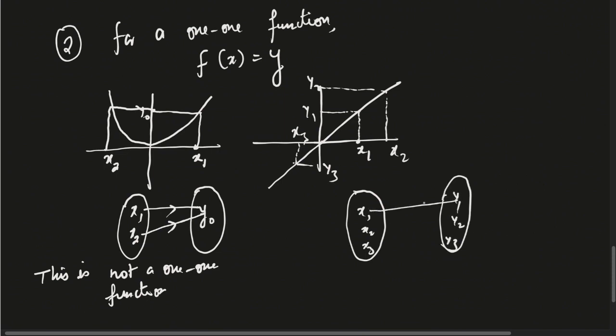So x1 has been mapped with y1, x2 with y2, x3 with y3. So you can see that each element in set A has a different mapping in set B. So this is a 1-1 function.